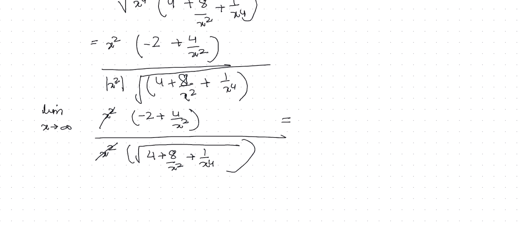So now finding the limit as x tends to infinity, minus 2 plus the limit as x tends to infinity of 4 over x square.